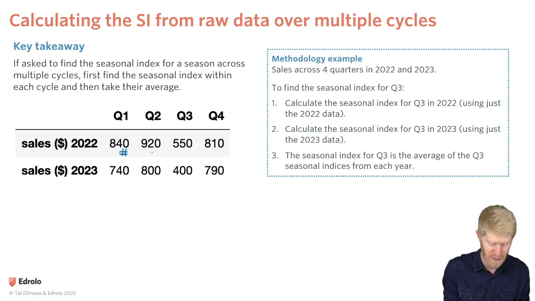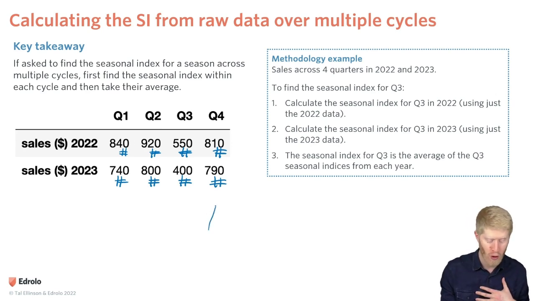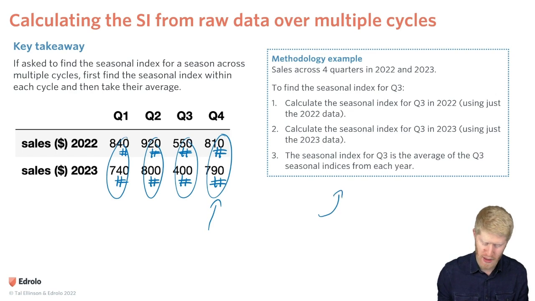We can find a seasonal index for Q1, Q2, Q3, Q4, and we can do that for 2023 as well. But if we want one final seasonal index that will really summarize the behavior of summer or the fourth quarter in one number, then I'm going to want to find the average of each of them. And that's described in this process over here. Let's go forward and practice it so you can do the skill yourself.